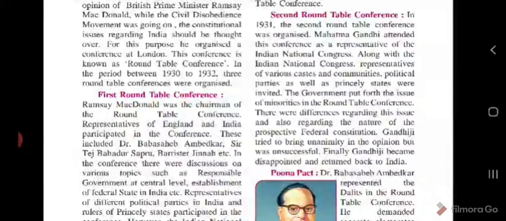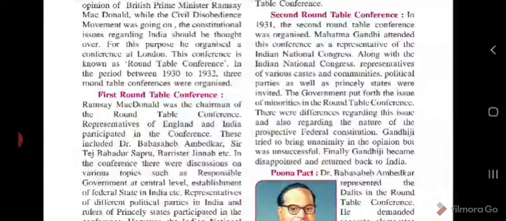Now, what is the second round table conference? It was held in 1931. Gandhiji participated as the representative of the Indian National Congress and Dr. Babasaheb Ambedkar as the representative of the Dalits.